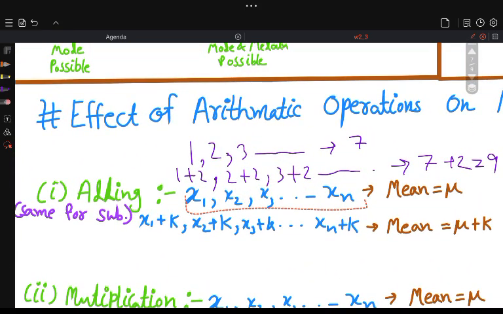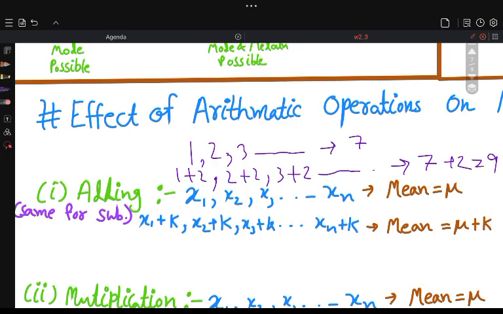For this observation, if the mean comes out to be mu, a symbol called mu, and if we add k, a constant that can be any number, 1, 2, 3, any number, to each of the observations, like first the observations were 1, 2, 3 till n, and the mean comes out to be 7, then we add 2 to each element: 1 plus 2, 2 plus 2, 3 plus 2 till n plus 2.